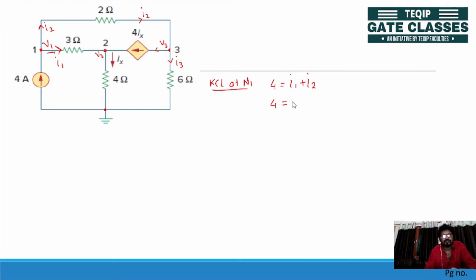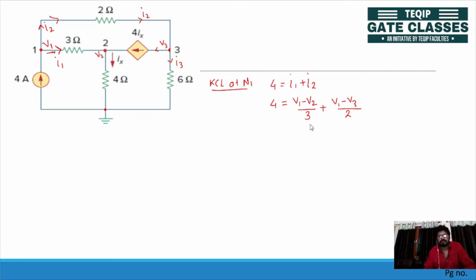I1 is equal to V1 minus V2, that is the potential difference, divided by the resistance, that is 3 ohm, plus I2, the current in this branch. The potential difference is V1 minus V3, divided by the resistance, that is 2 ohm.